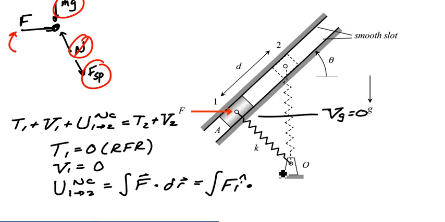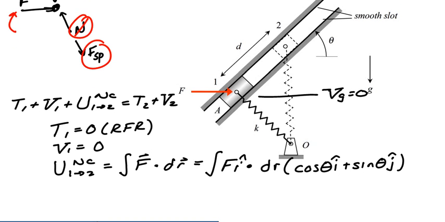I'm going to dot that with the differential displacement, which is dr times the projection, cosine of the angle theta in the i direction plus sine of the angle theta in the j direction. And if I go ahead and integrate this, I end up with F times d times the cosine of the angle theta.